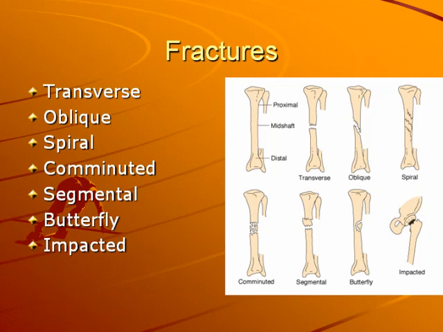Now, obviously, if you ever were out in the field somewhere, if you came upon an accident and you thought somebody might have a fractured femur or any other type of bone, obviously what you're going to do first is immobilize the area. Okay, that is a given.